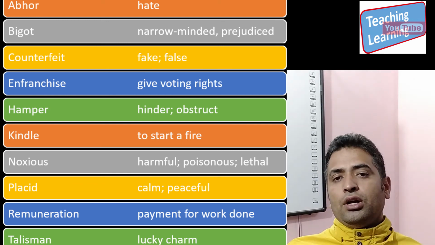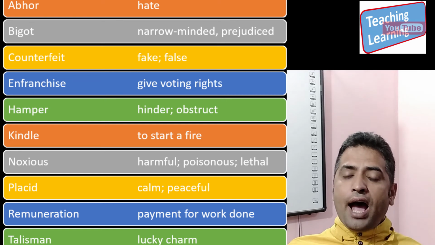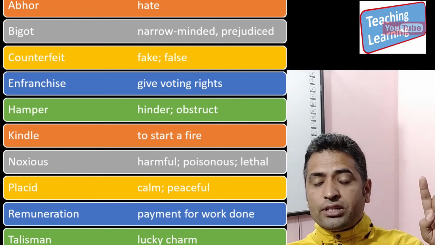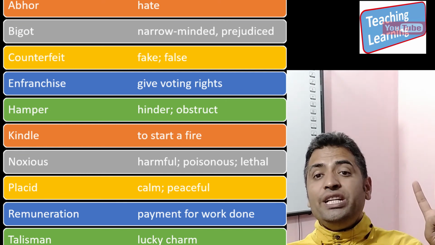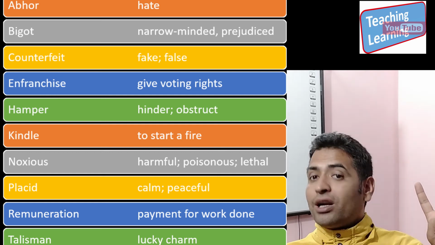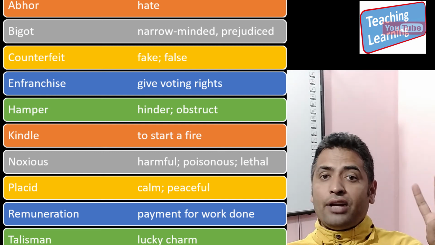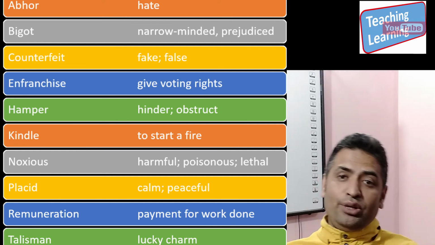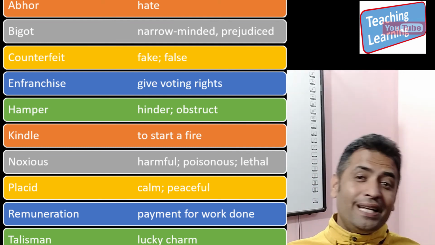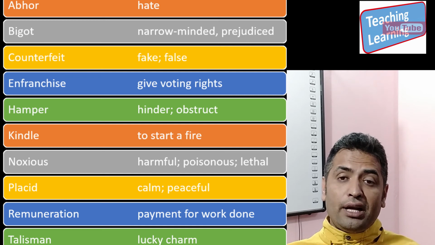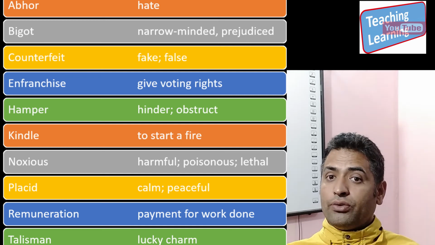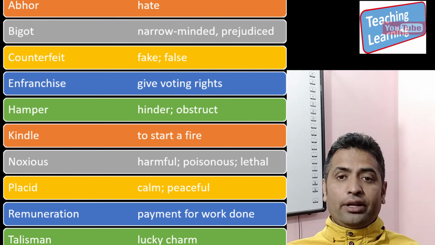So in this video, I have talked about how to learn professional or academic vocabulary, number 1. Number 2, why do we need to learn them? What is the importance of learning professional words? And number 3, I have given you a list of 10 professional, academic words that are very useful, whether you are a businessman, a doctor, a teacher, a researcher, an artist, wherever you are.